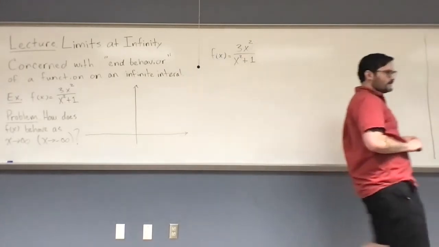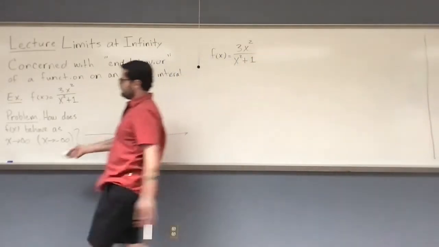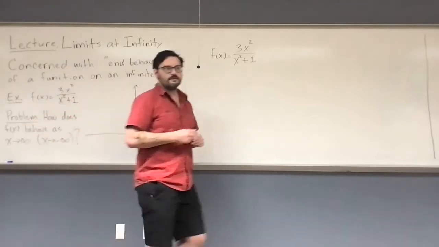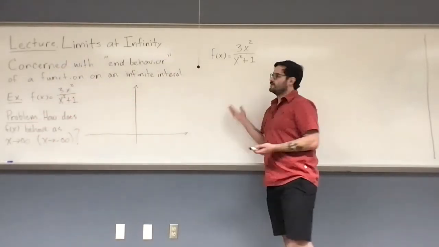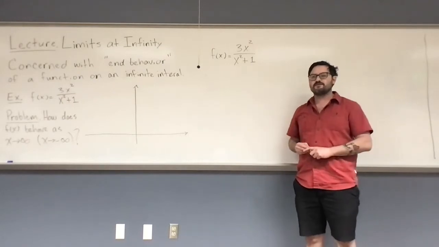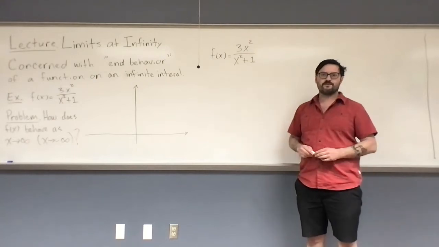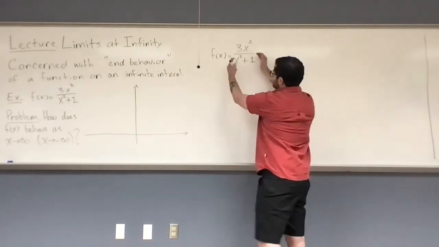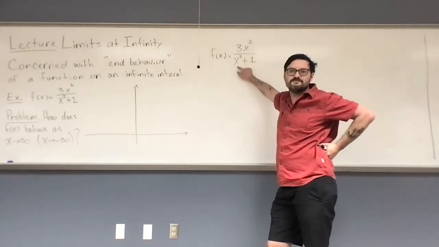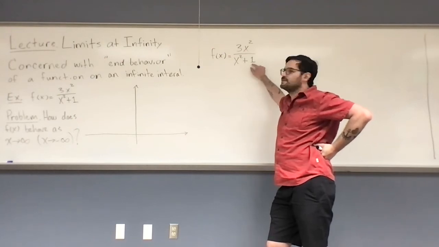Now, let's focus on x going to positive infinity, x getting arbitrarily large. Let's just look at it and say, okay, when x is really big, like if x is 1 billion, this division here, that's 1 billion squared plus 1. Does that 1 really matter at all?